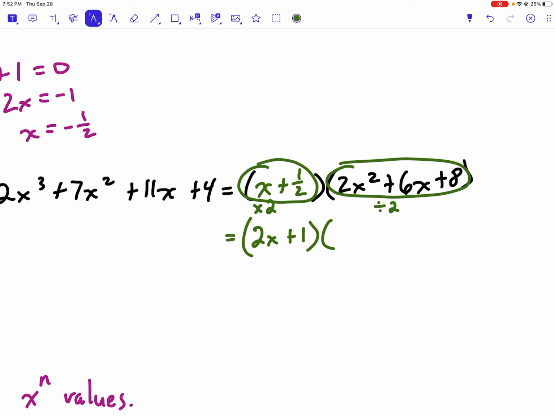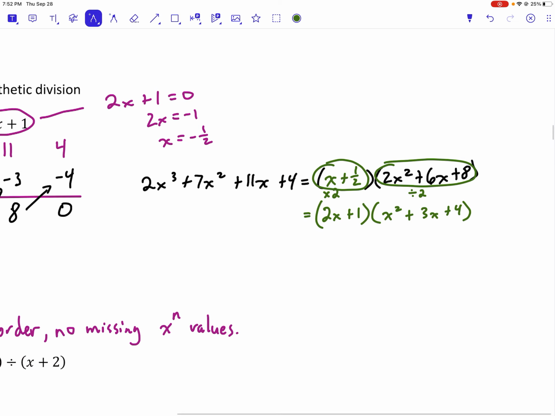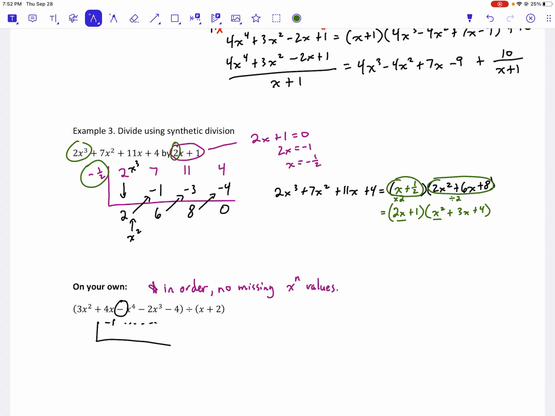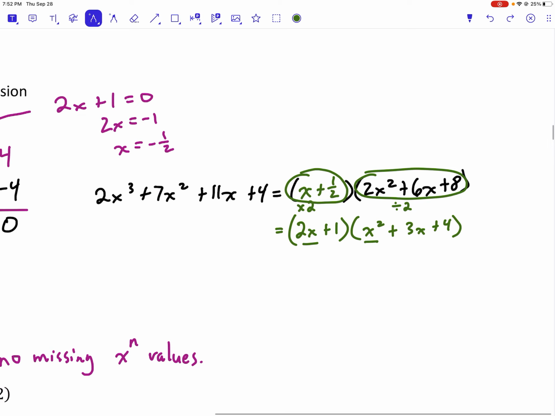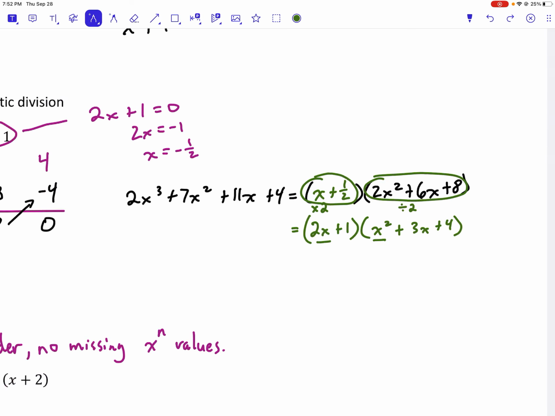And if I divide this by 2, right here, each of those coefficients, I'd have x squared plus 3x plus 4. And if you were to expand this, 2x times x squared, you'll get back this 2x cubed that we actually were looking for. So there's a bit of a mess in this, okay?